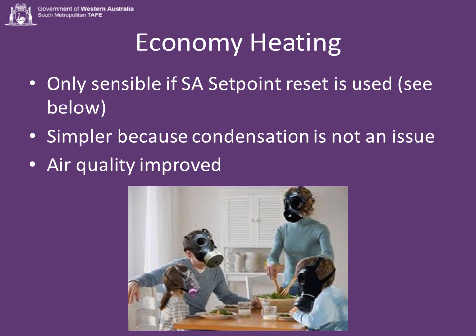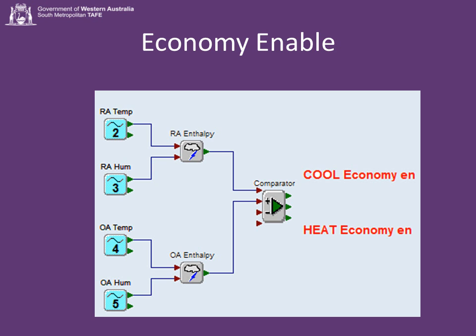It's directly related to the amount of outside air. If we correctly select our economy cycles, both cooling and heating, we give more outside air. We relieve the dampness in the buildings and we make people happier. We also save money.